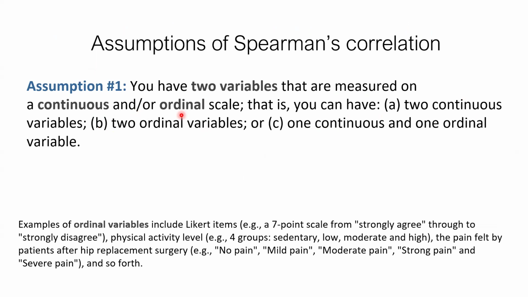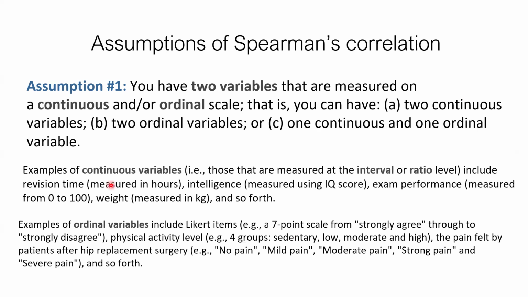If both are in the continuous level, that is either in the interval or in the ratio level, and they have violated the assumption for normality or do not follow a linear relationship, then you can use the Spearman's correlation. So the three scenarios would be two continuous variables, or the two of them are in the ordinal level, or one of them is ordinal and one is in the continuous level. You can use the Spearman's correlation, right?